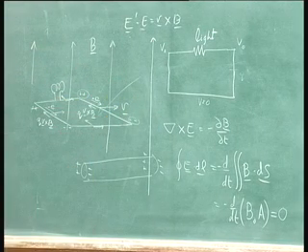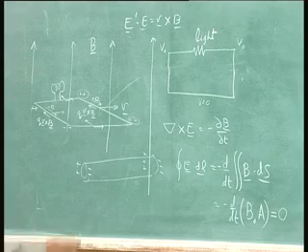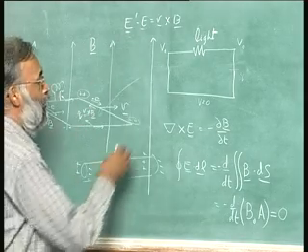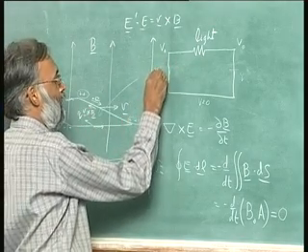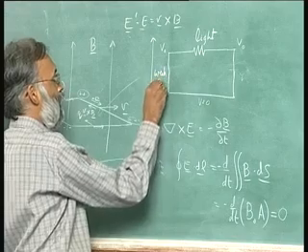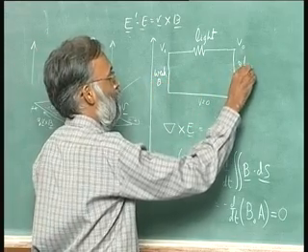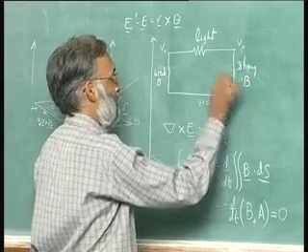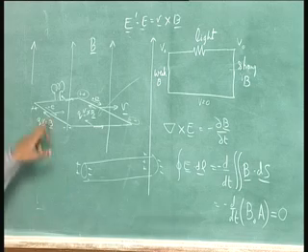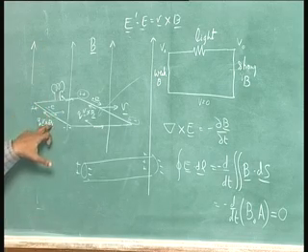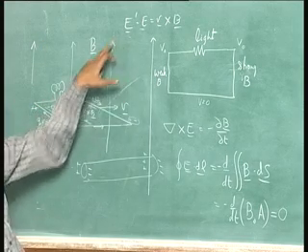Now, what is going to happen? If I look at it from this point of view, I have weak B, strong B. That is, on this side magnetic field is weak, on this side magnetic field is strong.